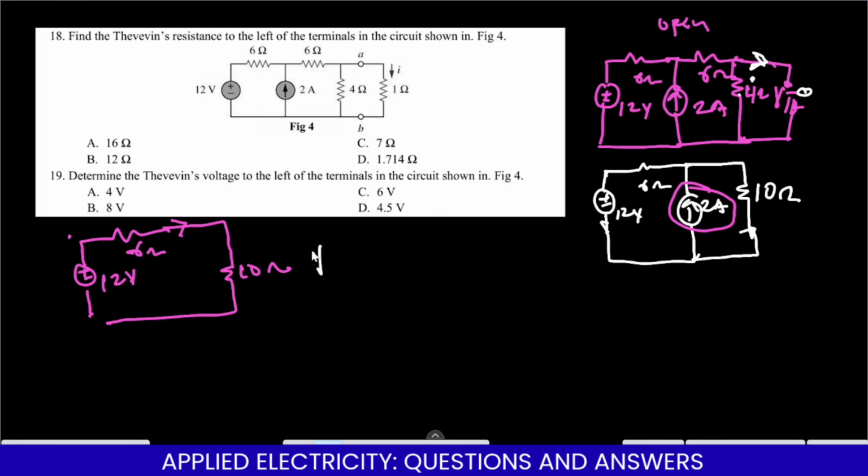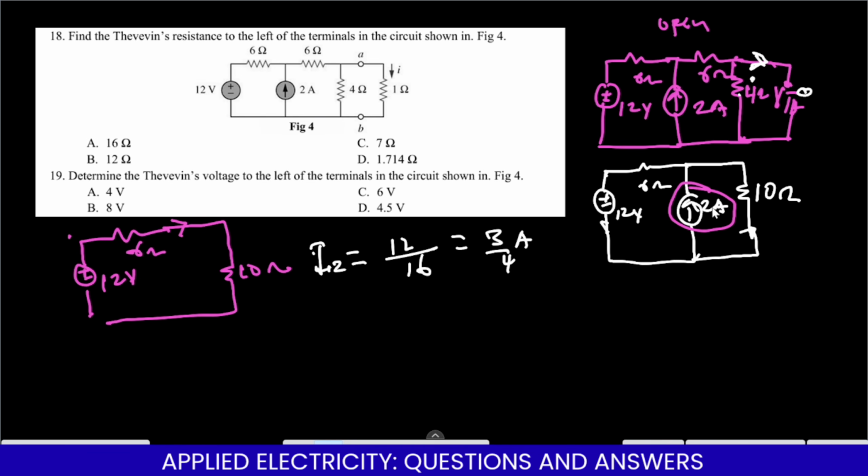When the 12 volt source was acting, the current is equal to voltage over resistance, 12 divided by 16, which gives a resulting value of 3/4 amps.